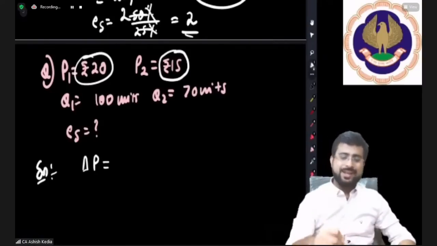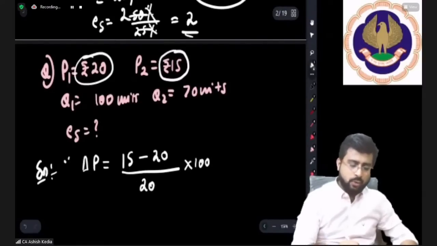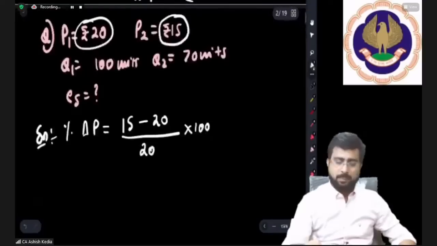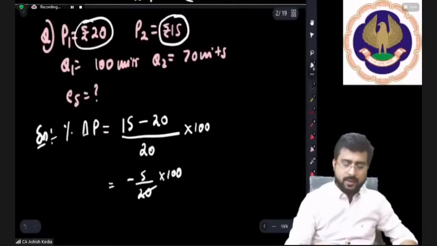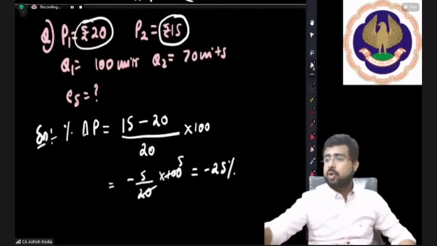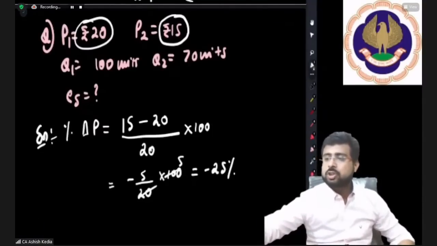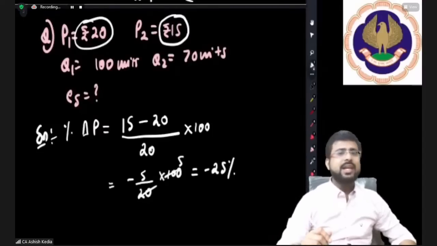So new price minus old price divided by old price into 100 if you want to calculate percentage change in price. Okay, so my dear friends, it's minus 5 by 20 into 100. It's minus 25%. Sir, why minus, sir? Because price is falling. प्राइस गिर रहा है, इस वजह से ये नेगेटिव आया है.